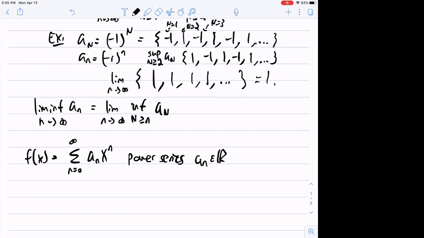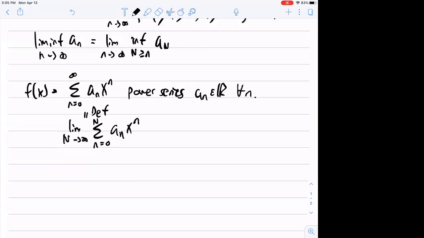By definition, this is the limit of the partial sums. We know what a finite sum is, so by infinite, it means just take the limit, whatever this limit is.